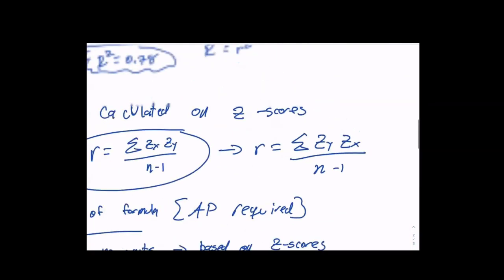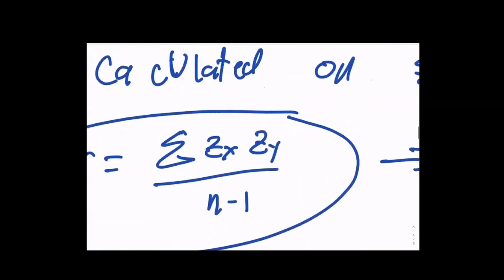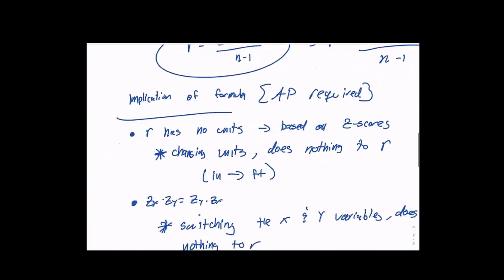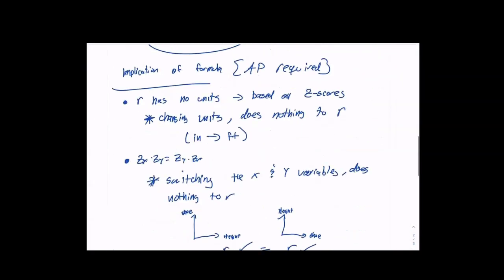It's based on z-scores, which means that there's no units. So it doesn't matter what units I'm measuring the variable in, because if the variable numbers change, then the mean and standard deviation will reflect those changes as well.